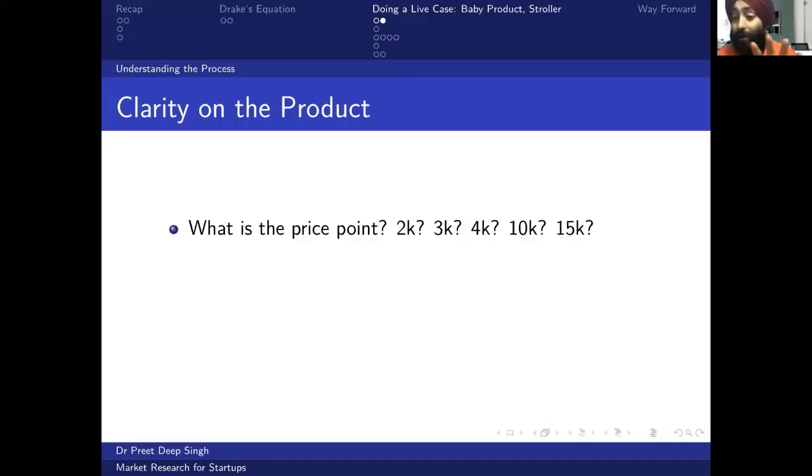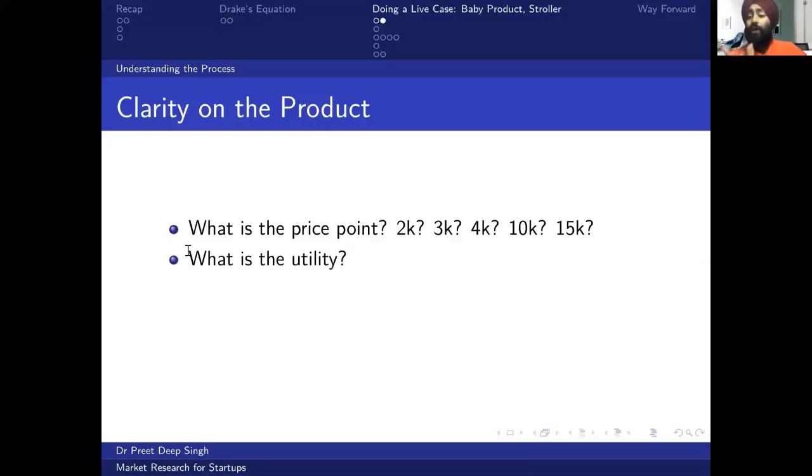These figures are in INR, by the way. So, is it a 2,000 rupee, 3,000 rupee, 10,000 rupee, 15,000 rupee, 50,000 rupee? I don't know, maybe for a lakh, whatever is your price point, right? You need to decide on that, right? And I will take you through an important aspect here of why you need to generate options in this.